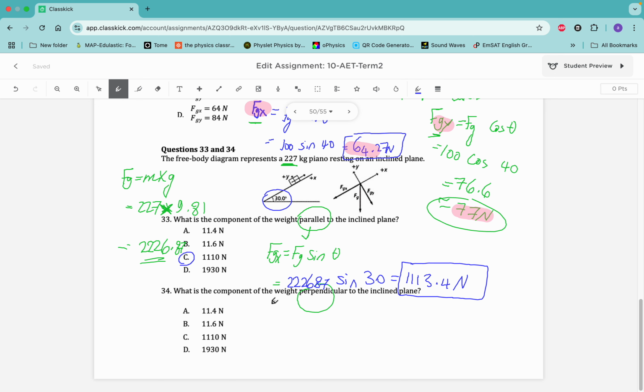While the perpendicular is Fgy, which is Fg cosine theta.